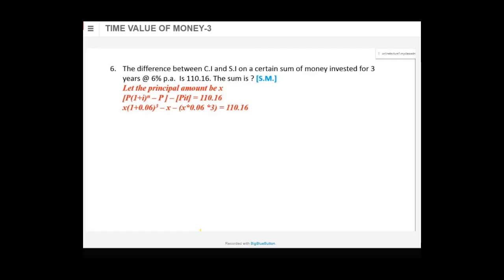Solving, not solving, God knows. Good students you are. So I hope you are solving. I'm waiting. अच्छे बच्चे हैं तुम लोग.